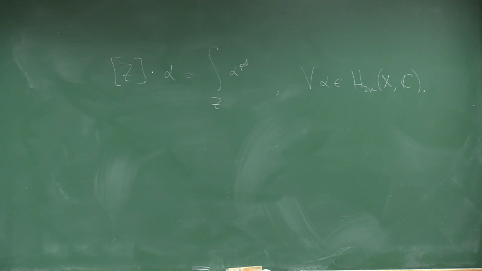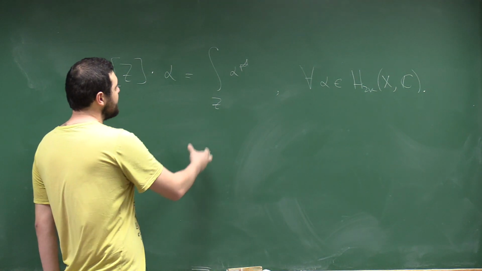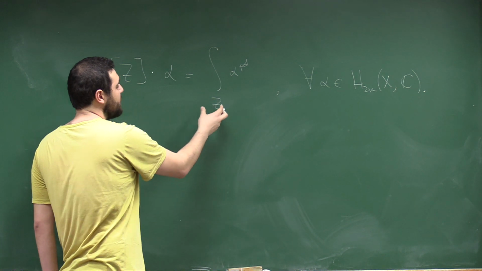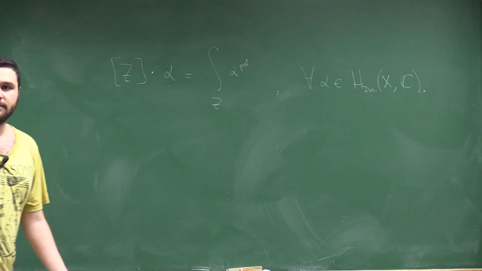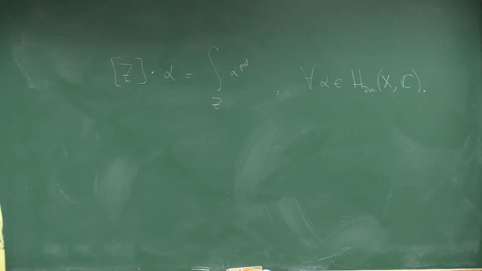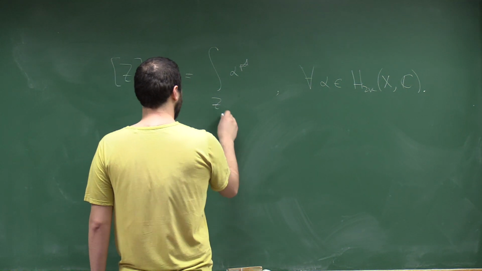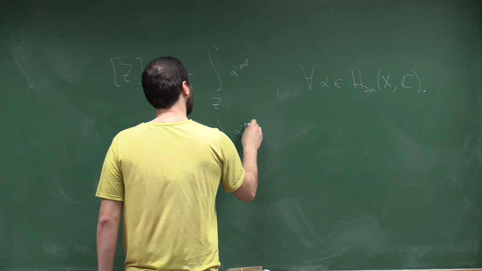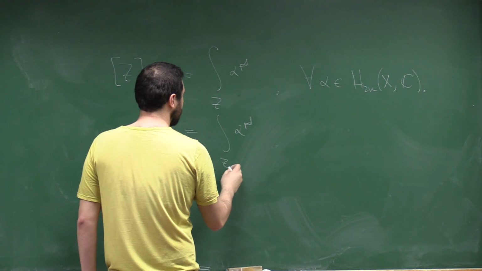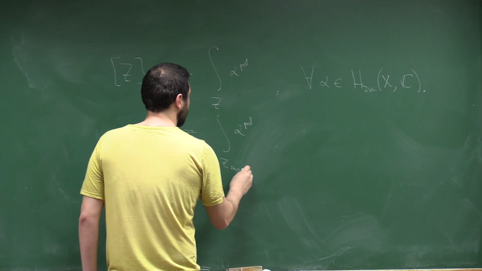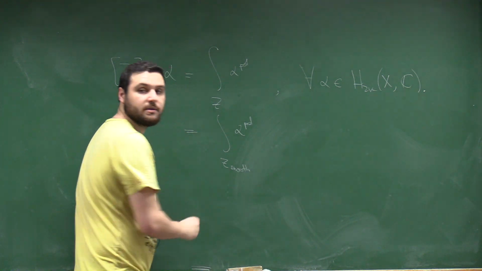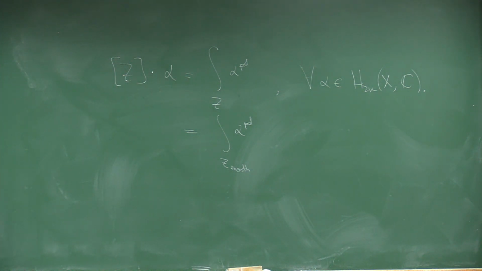We know this exists, since we can always integrate forms over algebraic subvarieties. And how do we do that? By definition, it is the integral of alpha PD over the smooth part of Z, and this is well defined.